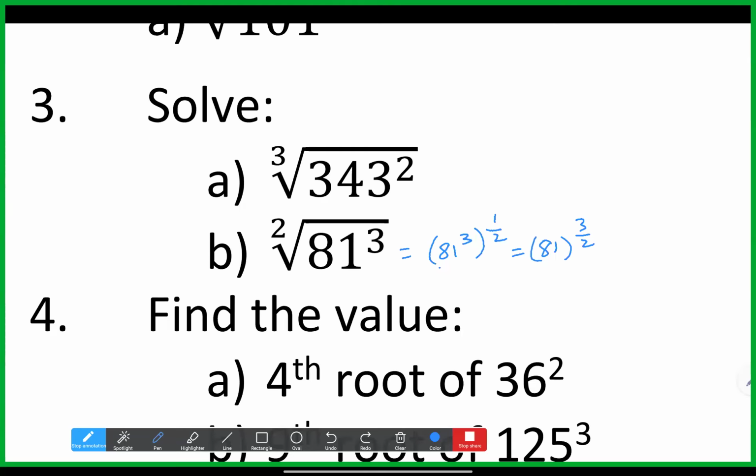Using which law? A power m whole power n is equal to a power mn. Then 81 prime factorization.